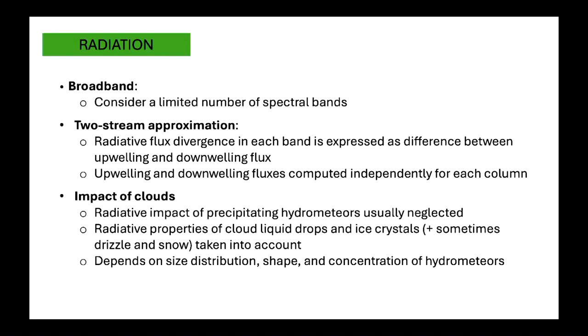And similarly, they also come in different forms and different levels of complexity. We got this broadband kind of scheme that considers a limited number of spectral bands, electromagnetic bands. And also we got this commonly used two-stream approximation that splits the radiation into one that is downward and the other branch that is upward.